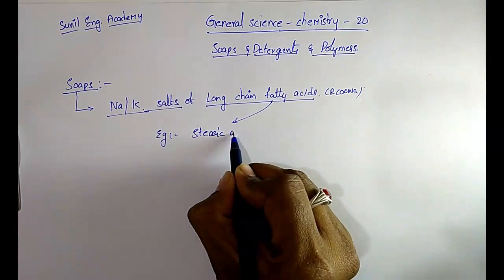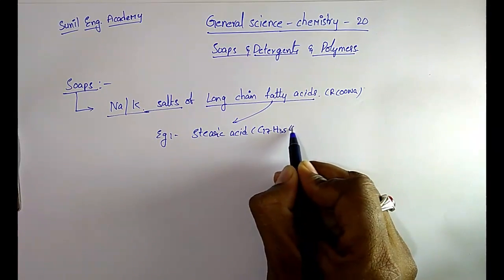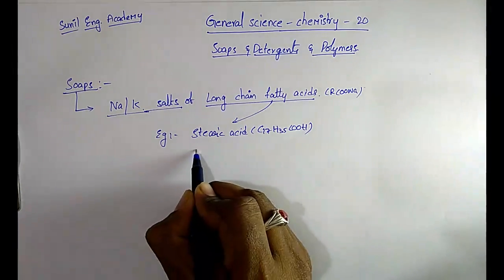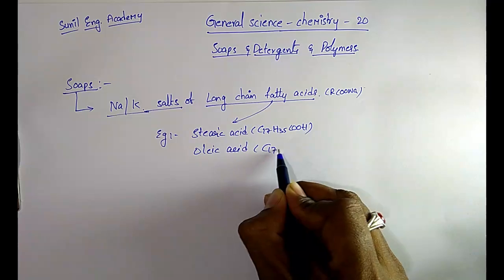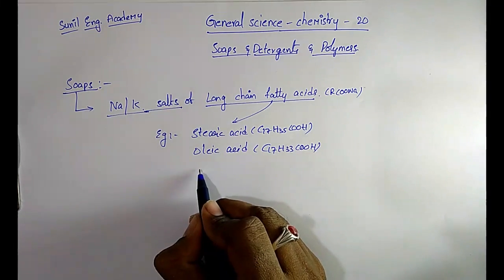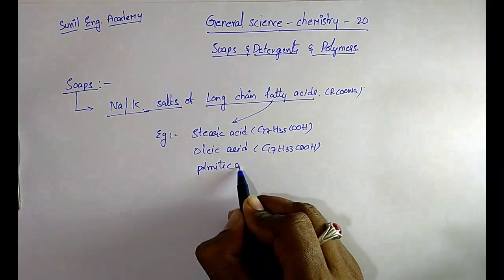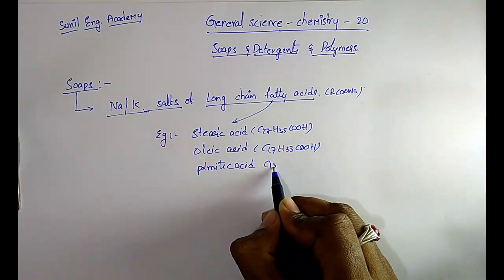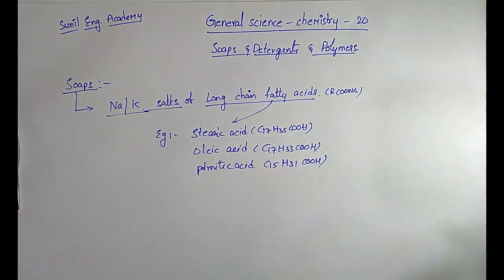Stearic acid is C17H35COOH. Oleic acid is C17H33COOH. And palmitic acid is C15H31COOH.